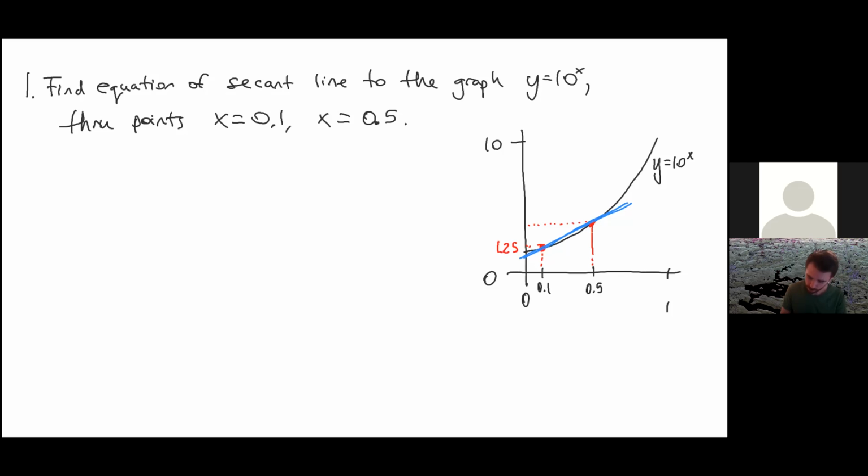And then for x equals 0.5, that one almost exactly crosses at 3.2. Let's say it's 3.18, since it looks like it's a little below 3.2. Okay, so maybe we'll call this y2. This is y1. This was then x2. This was x1. Those are just equal signs turned on their side.